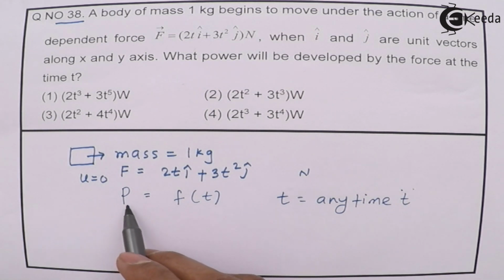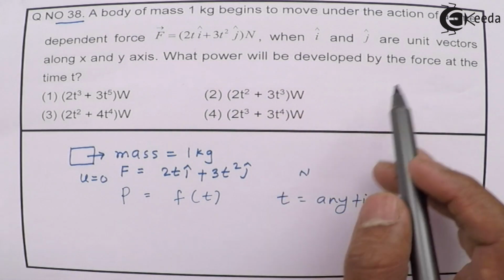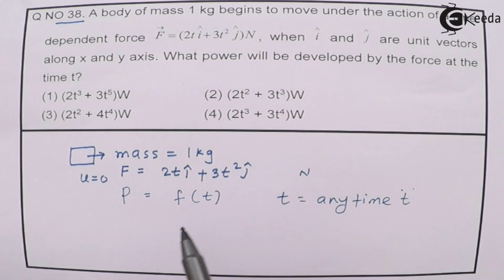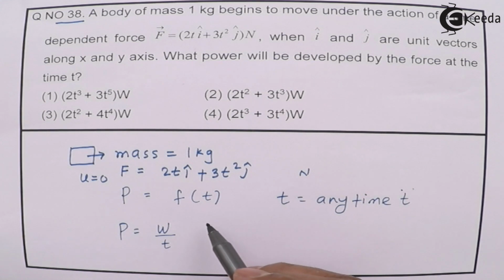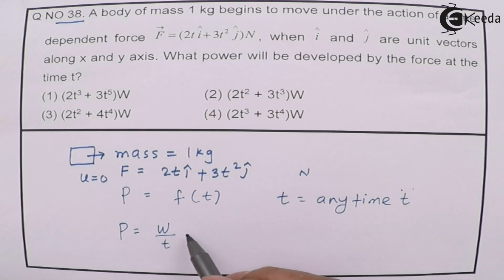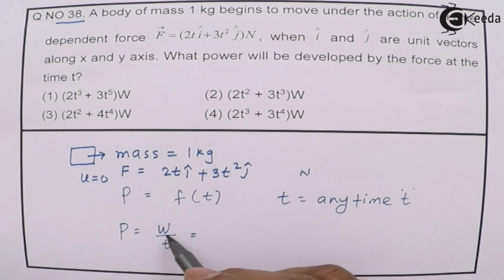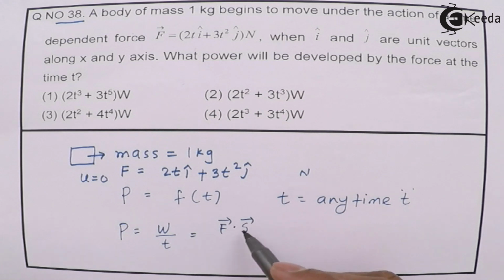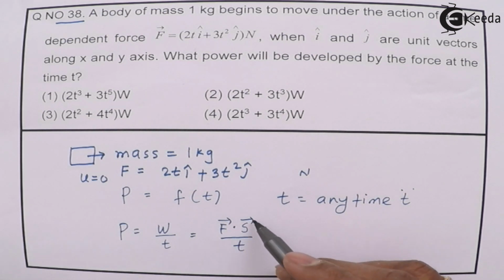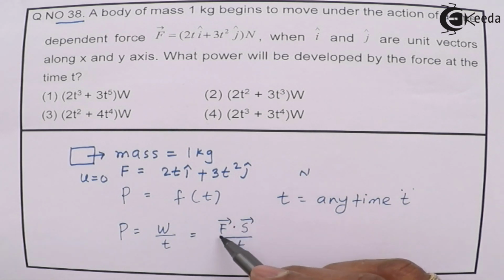Now, for instantaneous power, or power developed at that particular instant, we know that power is work done upon time taken to do the work, and work done is the dot product of force and displacement. It's the dot product of force and displacement divided by time t. This t can be associated with s or with f.